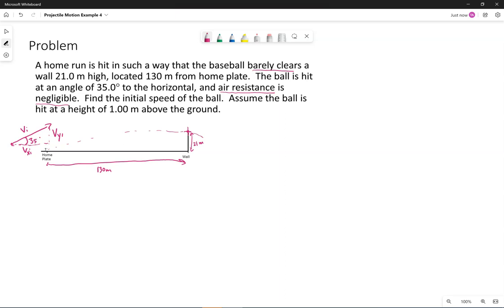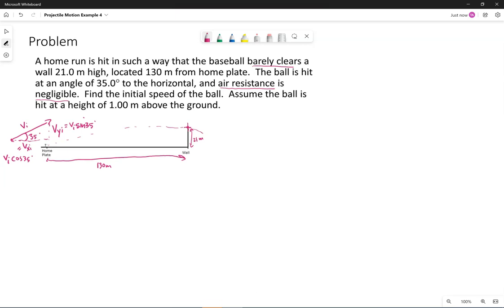We can say that Vx initial is going to be V initial cosine 35 because the x component is adjacent to that angle, but we don't know the value of V initial, but that's okay. We don't want to stress a different setup. We'll still just continue pushing through with what we do know. The y component being opposite the angle will be V initial sine 35.